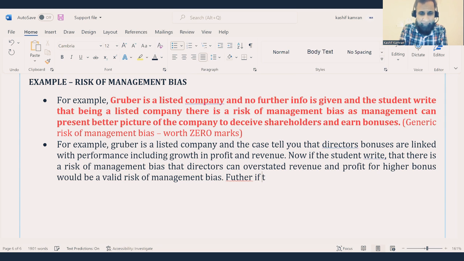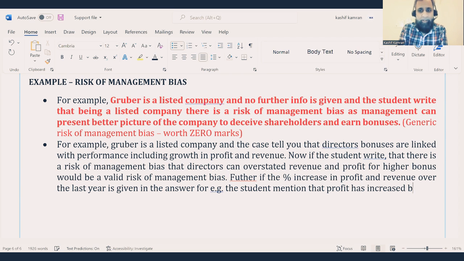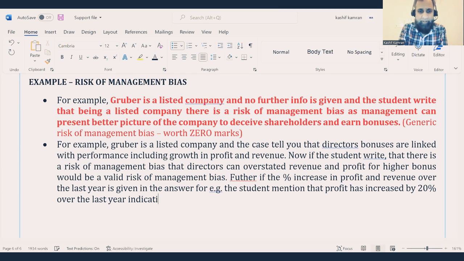Further, if the percentage increase in profit and revenue over the last year is given in the answer, for example, the student mentioned that profit has increased by 20% over the last year, indicating that the risk of management bias exists, that is a good answer.